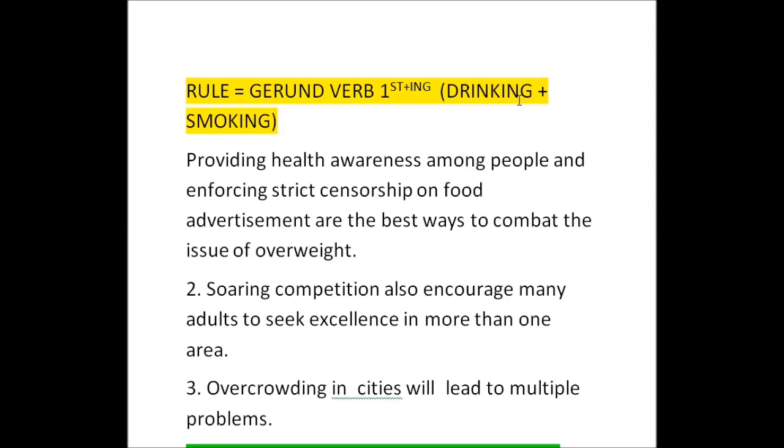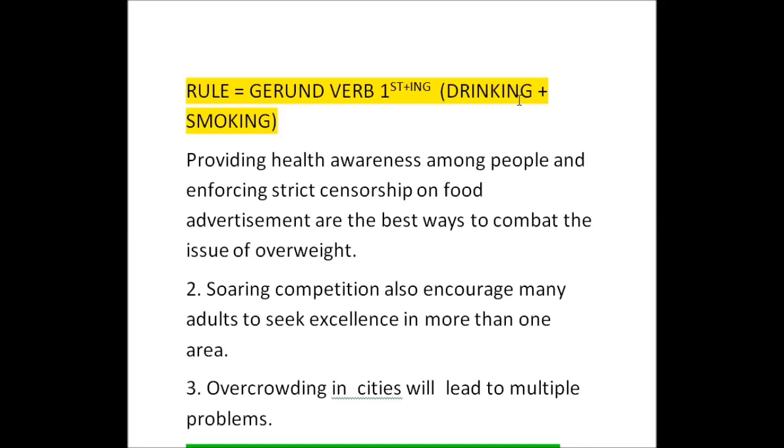So, example sentence: providing health awareness among people and enforcing strict censorship on food advertisement are the best way to combat the issue of overweight. So in this, the first sentence starts with ing. Then second sentence, showing competitions also encourage many adults to seek excellence in more than one area.